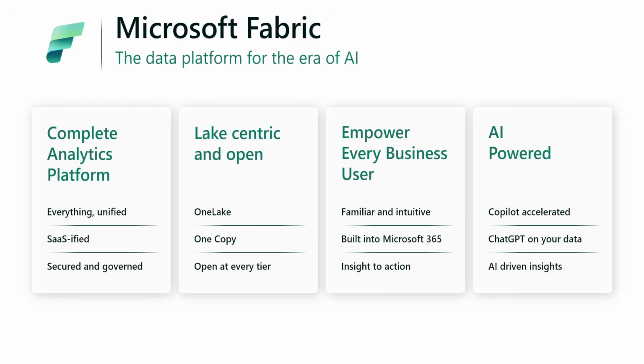We have a central way of accessing data, and then our one copy principle, where you're able to reuse or shortcut data without having to duplicate it. You don't have to regenerate, reprocess, or reload data. If it's already been processed and curated, you should just be able to consume it and use it in your process and in building your data products.